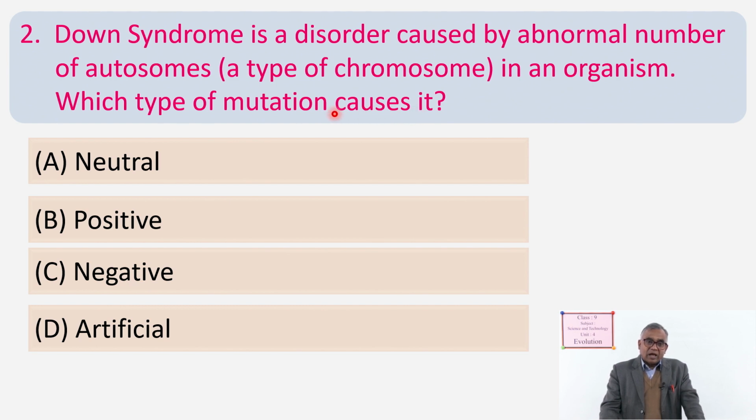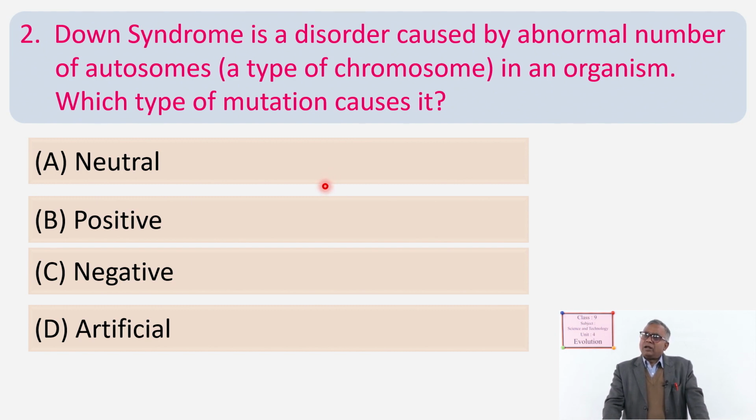Okay. And if you don't know what Down syndrome is, it is very difficult to answer. So, Down syndrome, some characteristics I will show you. It occurs in human beings. That means shorter height is found in it, and then less growth of brain.